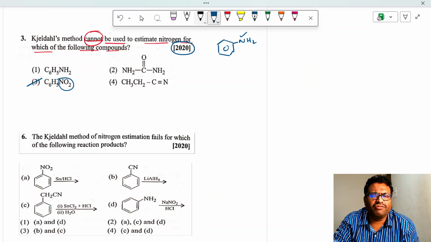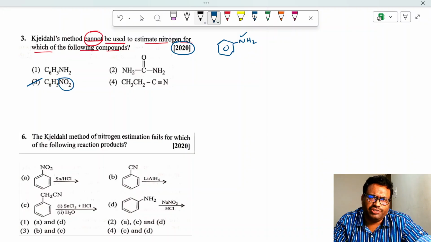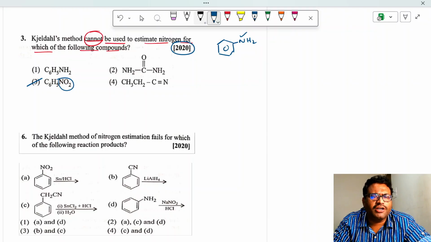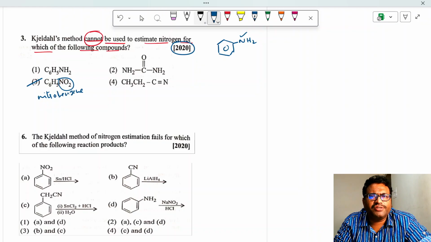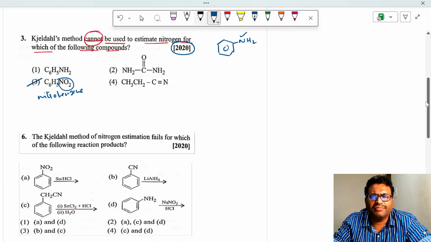So in options 1, 2 and 4 you can estimate nitrogen by the Kjeldahl method, but in the third option, nitrobenzene, you cannot estimate nitrogen by the Kjeldahl method.